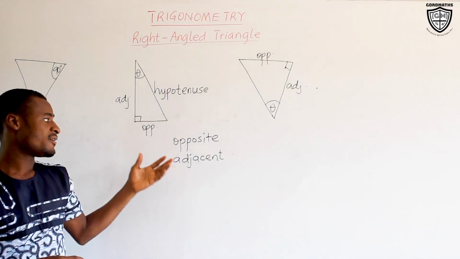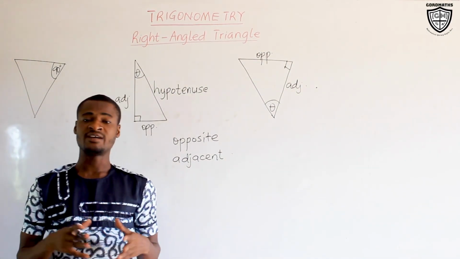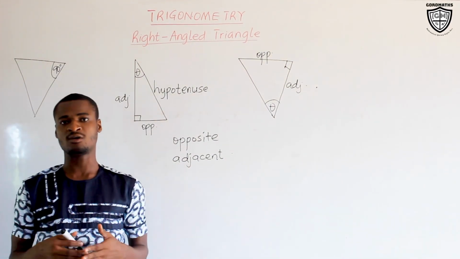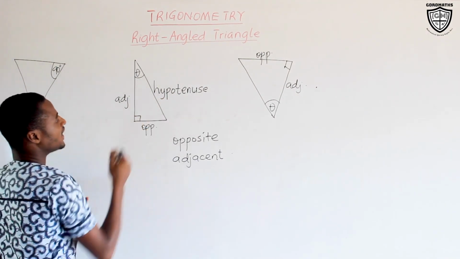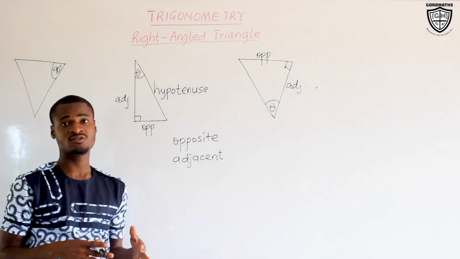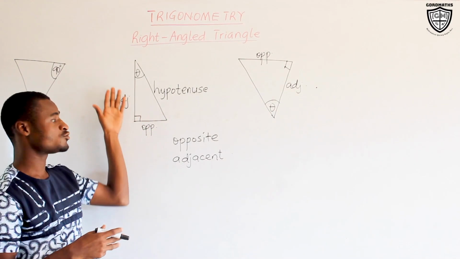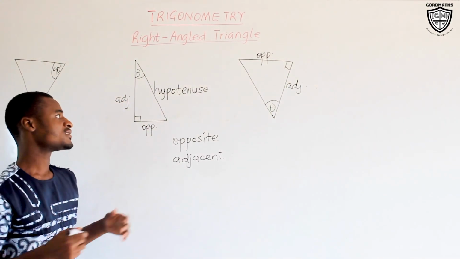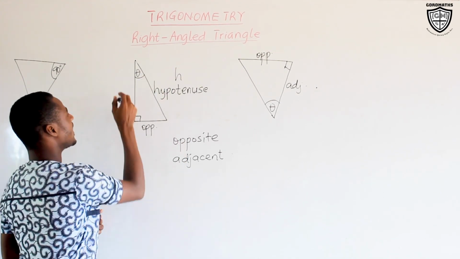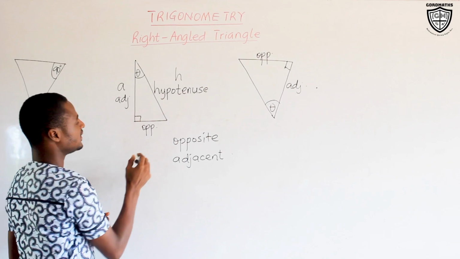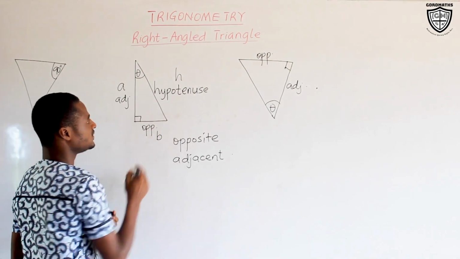Now, in a right-angled triangle, the Greek philosopher Pythagoras was able to ascertain that the square of the hypotenuse is equal to the sum of the squares of the two other sides. So, suppose the hypotenuse is h, the adjacent is a, and the opposite is b.